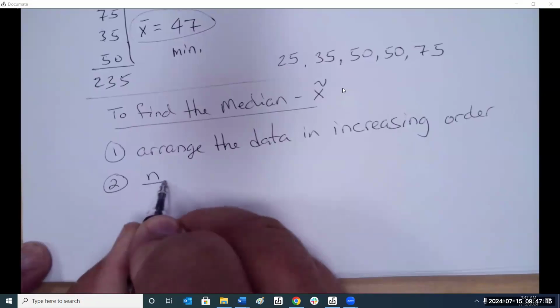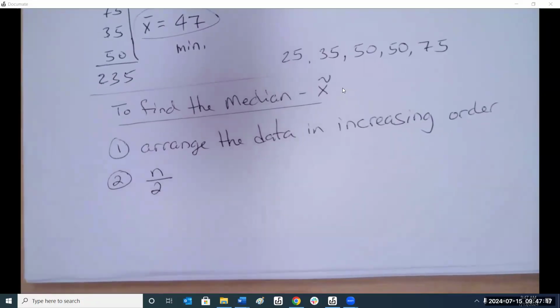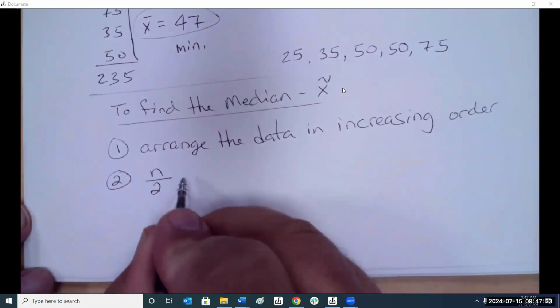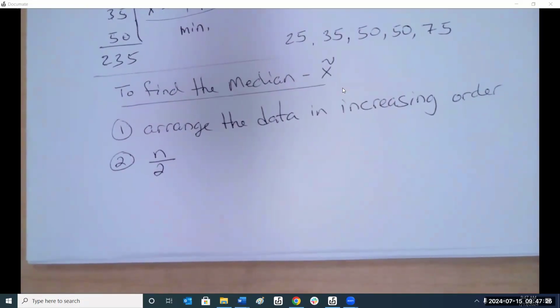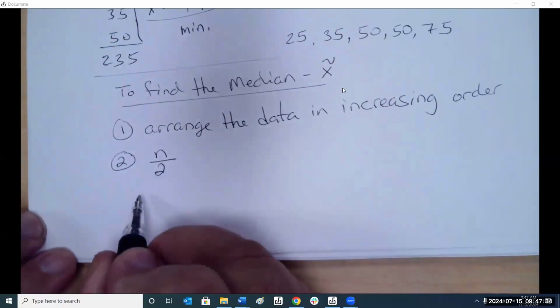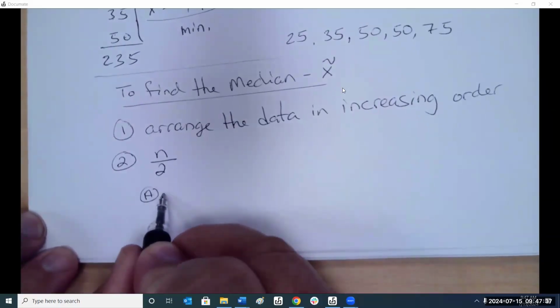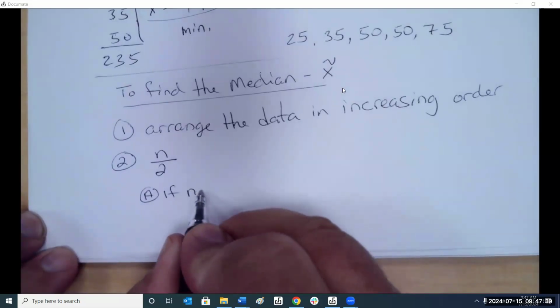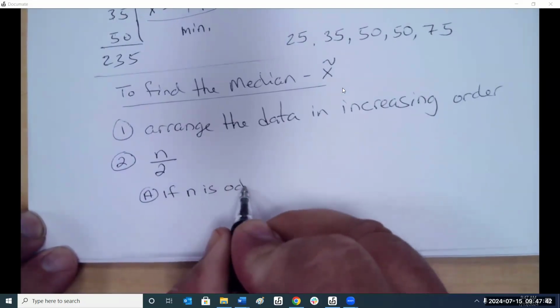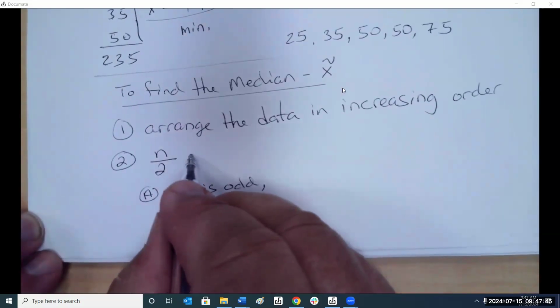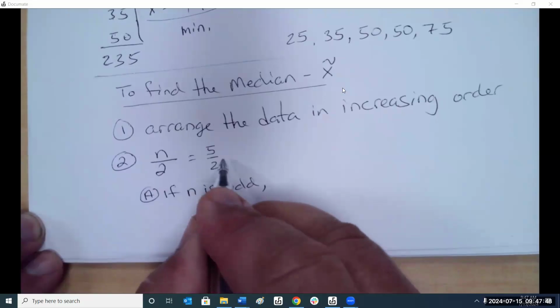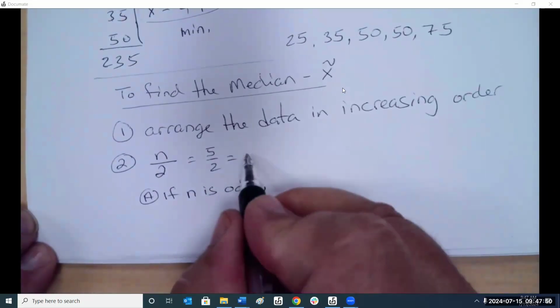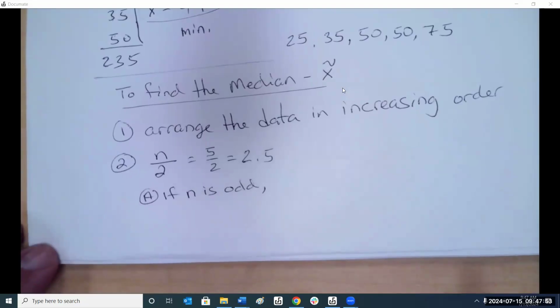Take the number of data points, n, and divide it by 2. This is where it's dependent on whether there's an even or an odd number of data points. If n is odd, for example, in this case, we have 5 divided by 2. 5 divided by 2 is 2.5.